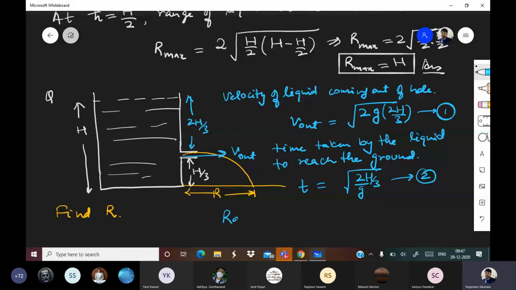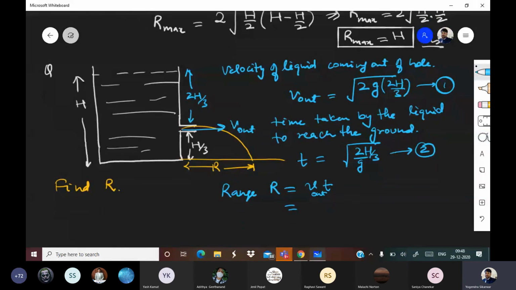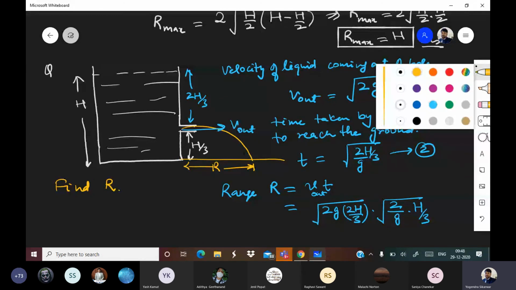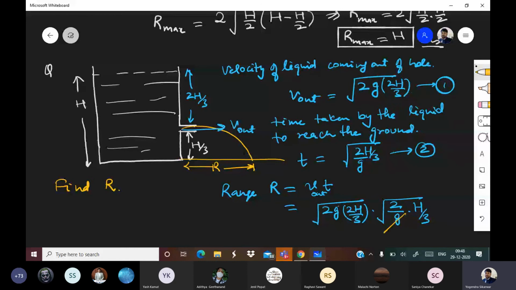So range R is equal to V out times T, because earlier we have used the symbol V out. So V out is under the root of 2g into 2H by 3, into under root of 2 upon g into H by 3. So g got cancelled.